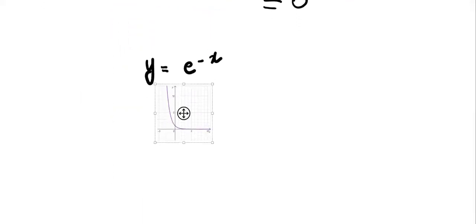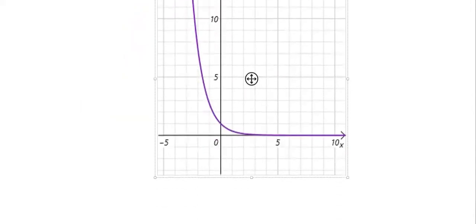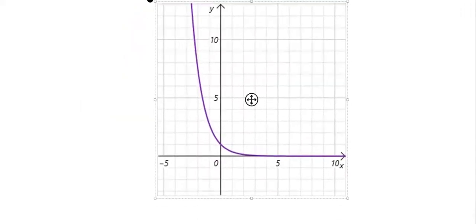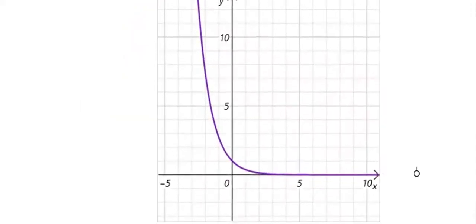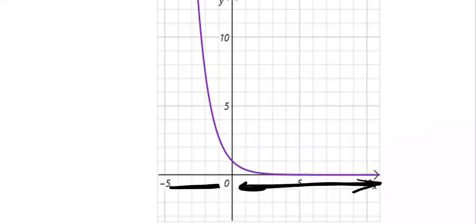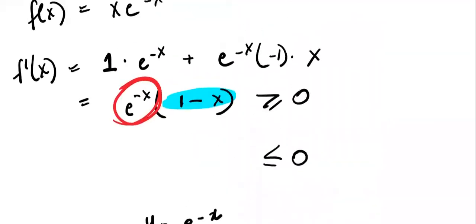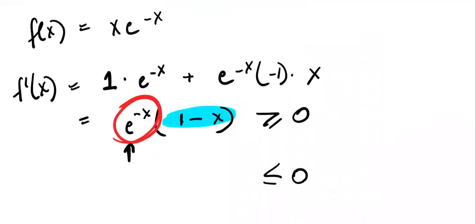Do you see that for y is equal to e to the power minus x, the value of y is always positive? Whether you put negative values of x or positive values of x, the value of y is always positive.